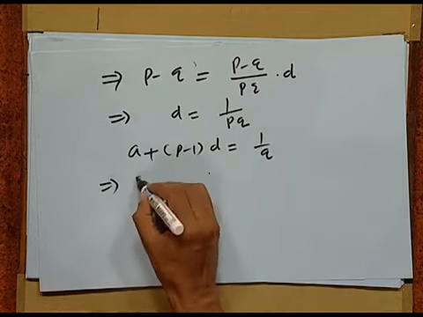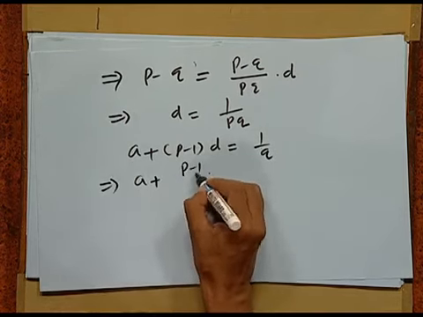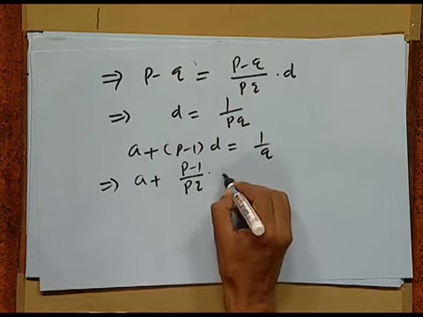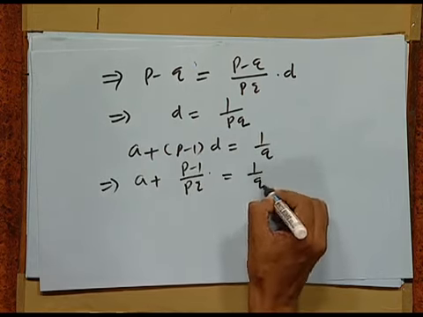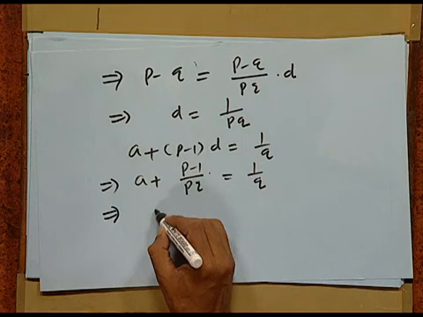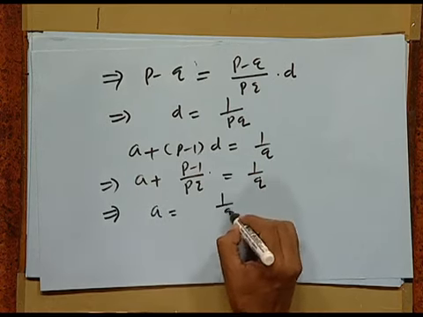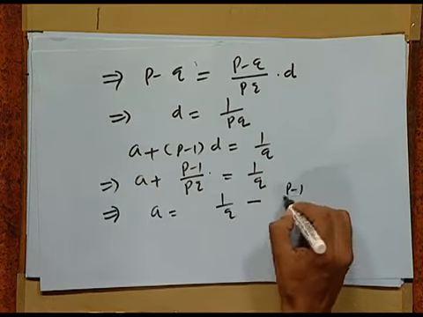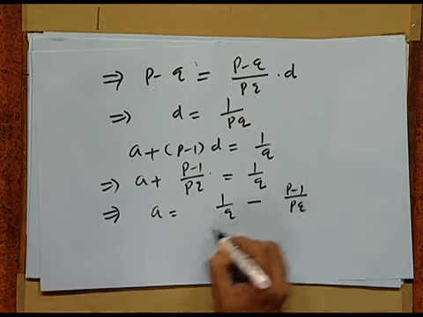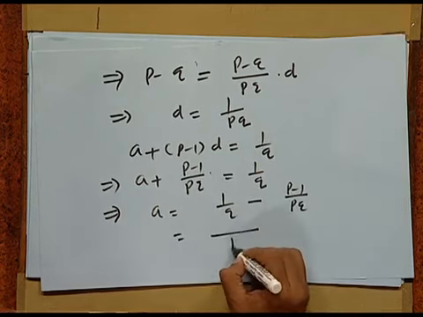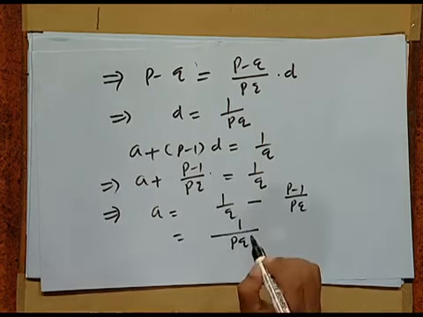This gives a plus (p minus 1) upon pq is 1 upon q. This gives a is equal to 1 upon q minus (p minus 1) upon pq, that is equal to 1 upon pq. Thus we find that both a and d have the same value 1 upon pq.